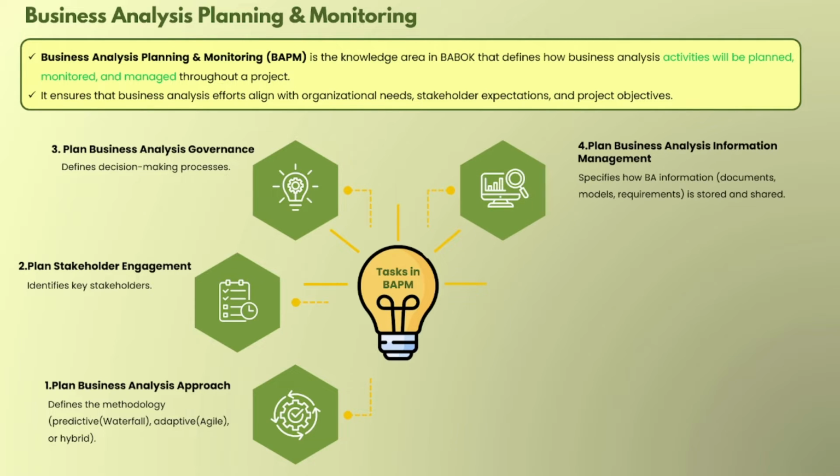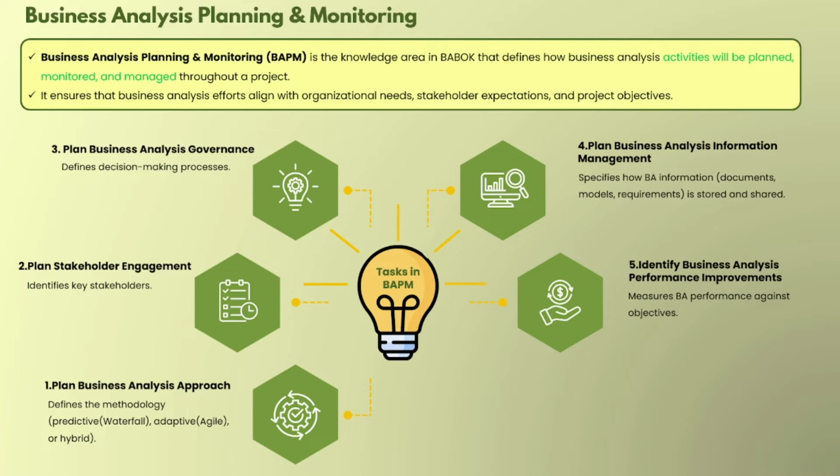Then next is plan business analysis information management. Here we decide where we will store all our BA stuff like documents, models, and notes, and how to organize and share them, meaning who will have access to those documents and who will not. So all these things are decided in this task. Then next is identify business analysis performance improvements.